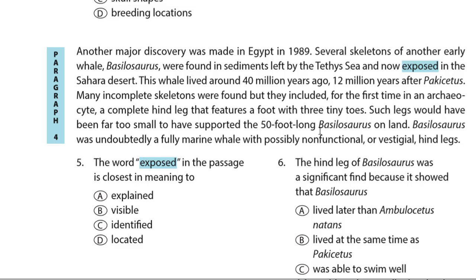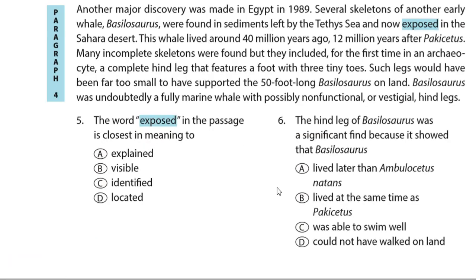So it means that these legs are not useful because it could not carry this creature on the land, and the author supported his point by saying that it was undoubtedly a fully marine whale, which means this type of creature lives in oceans only, not on land, with possibly non-functional vestigial hind legs, so they are useless.